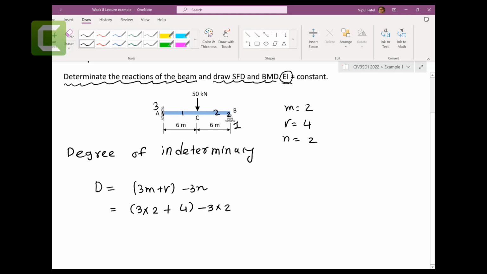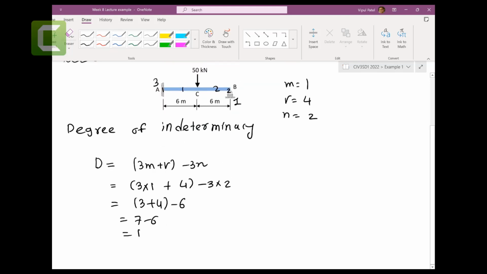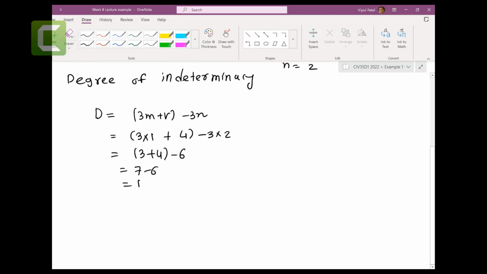Number of members, oh, there is only one member, sorry. So 3 plus 4 minus 6, 7 minus 6, 1. Okay, sorry, let me make the correction. The number of members is equal to 1. So there is only one member. All right, the degree of indeterminacy is done.